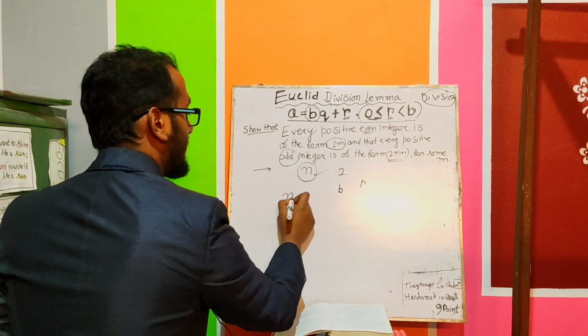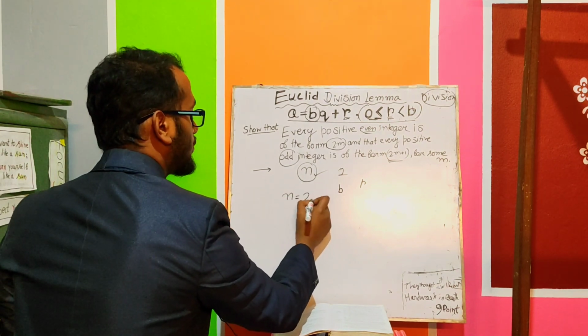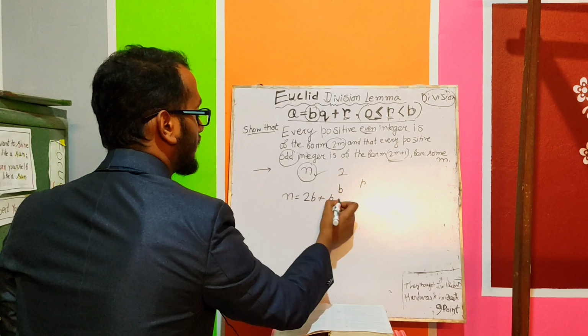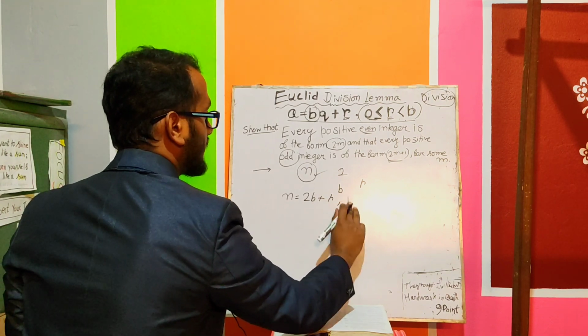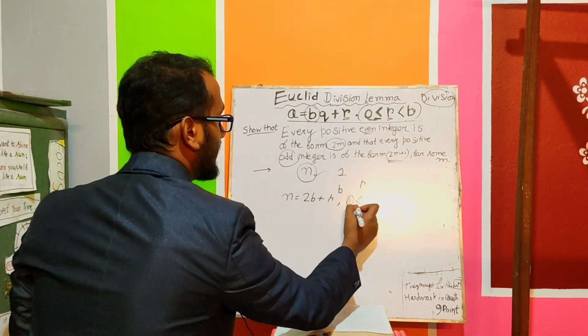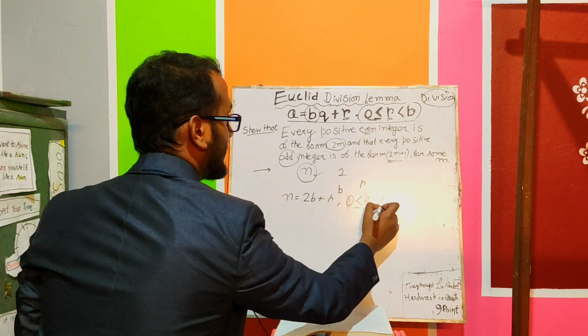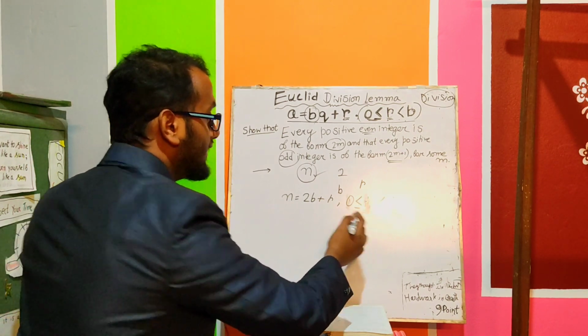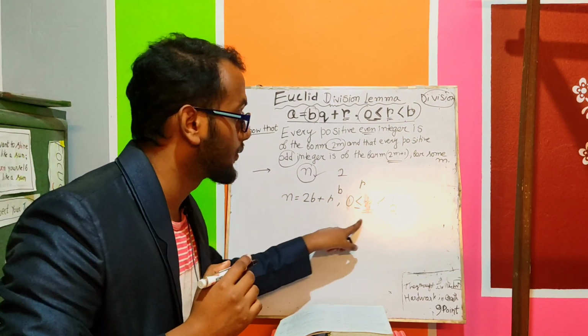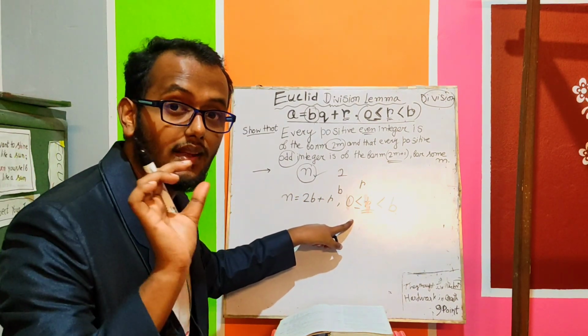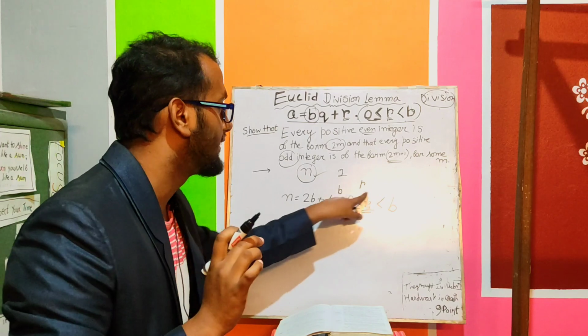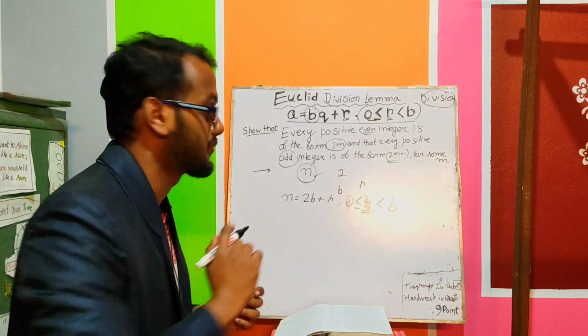Then we can write n equal to 2 into b plus r, where 0 is less than or equal to r, and r is less than b. This is the main important concept of this chapter, Euclid division lemma. By this concept most of the problems will get solved.